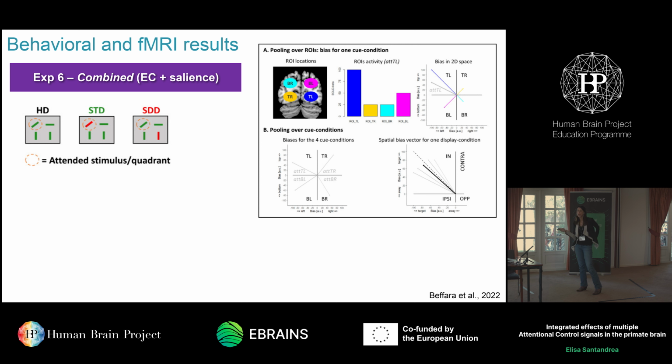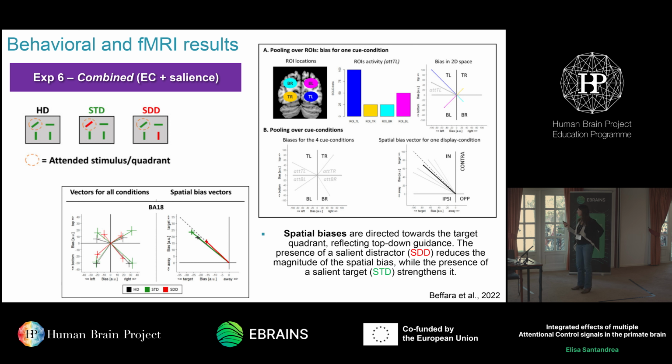And what we measured was, first of all, the quadrant-specific activation in the visual cortical areas. And I will not go through the details of the computation, but basically what we found was that the brain activation in quadrant-specific areas in the occipital pole was modulated by the allocation of attention in the different quadrants. So it was modulated by the top-down attentional guidance.